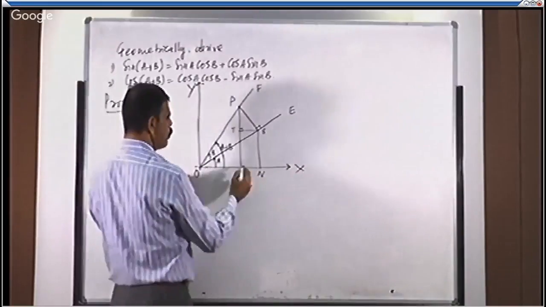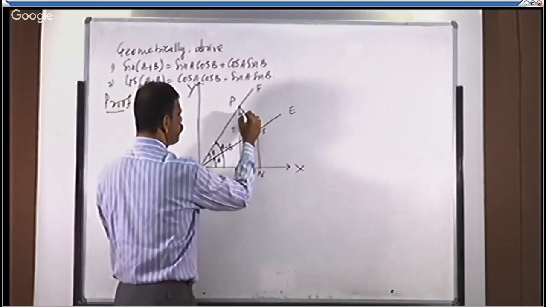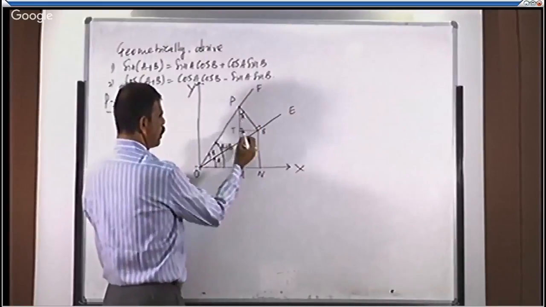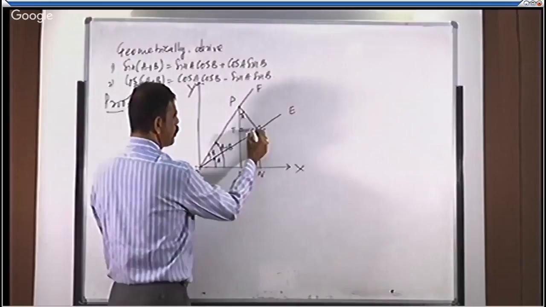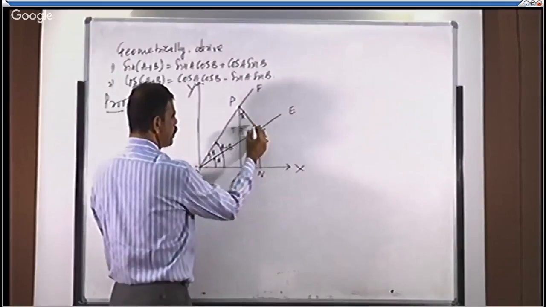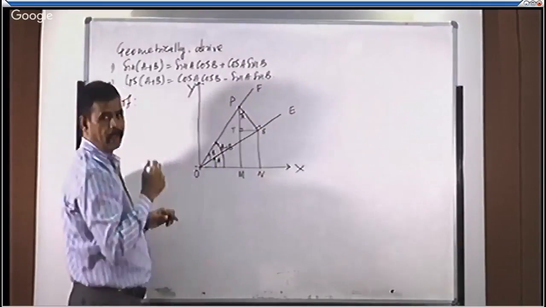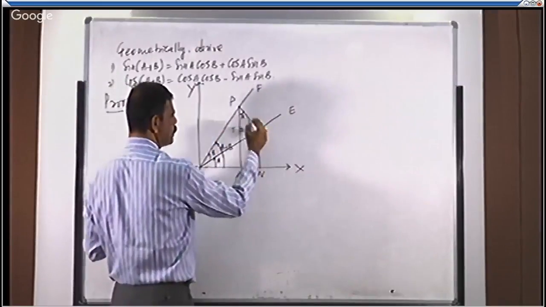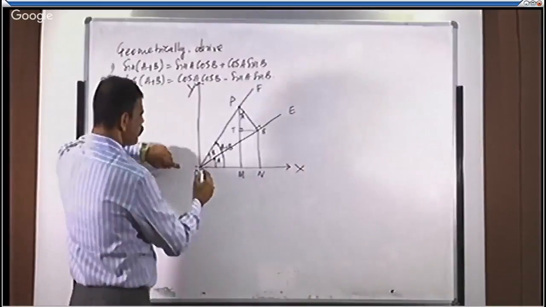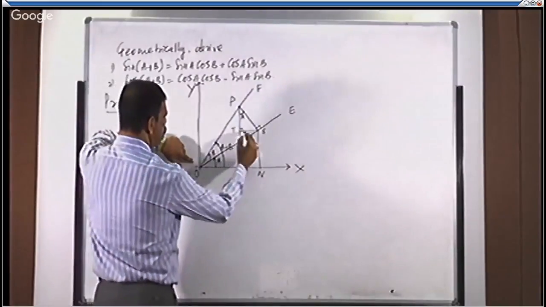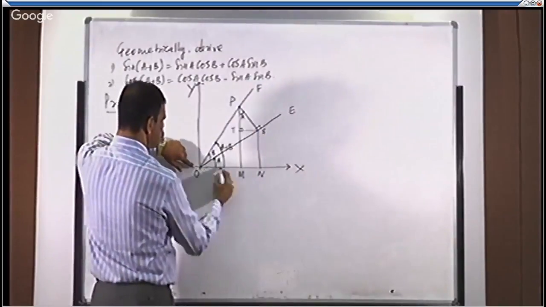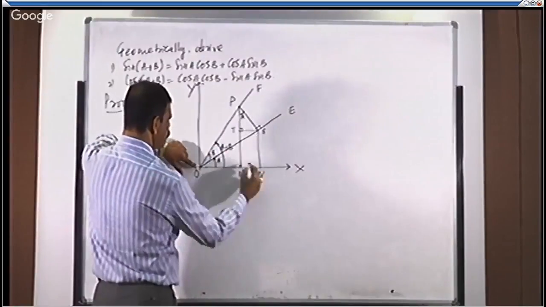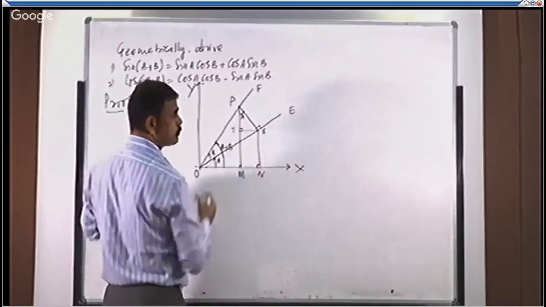By doing that, this angle will become equal to angle A. And this is 90 degrees. This is A, this is 90 minus A. When this is angle A, this will also be angle A, right? We get a right angle triangle. Here also we get a right angle triangle. Here also we get a right angle triangle, right?